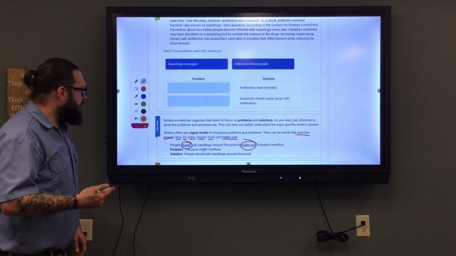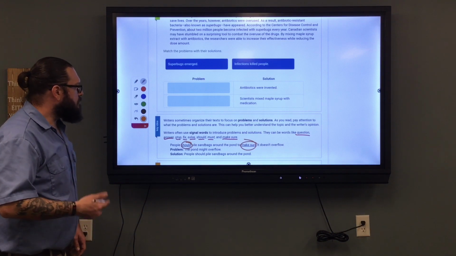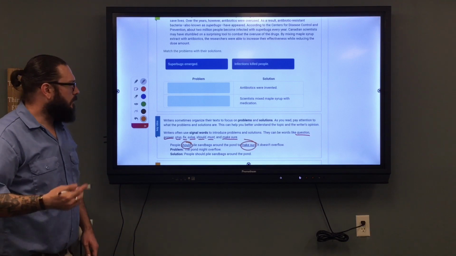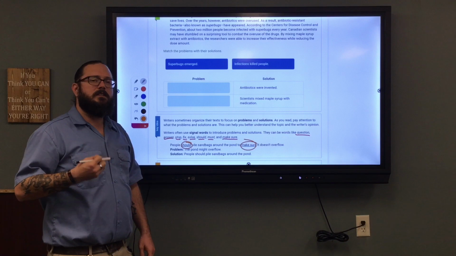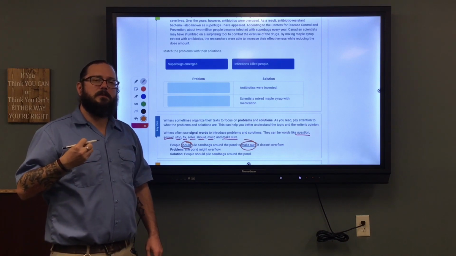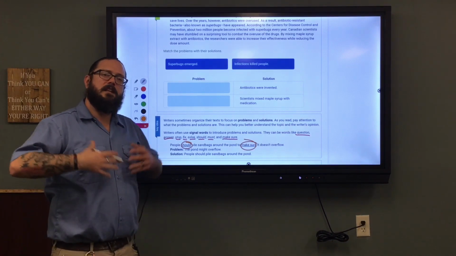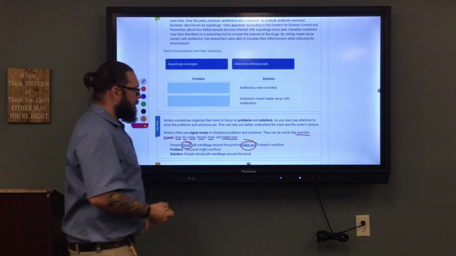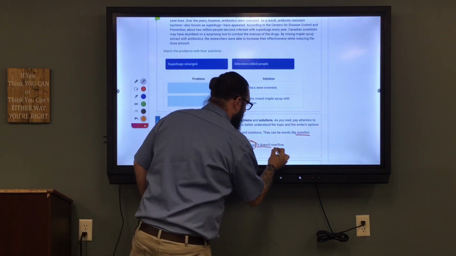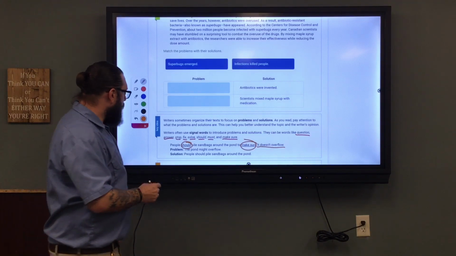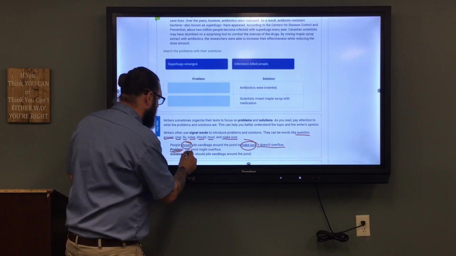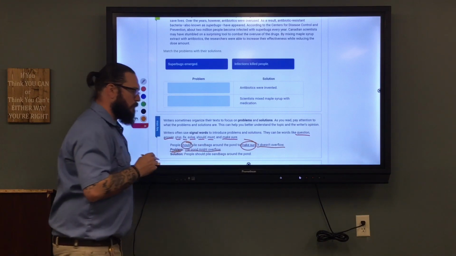People should pile sandbags around the pond to make sure it doesn't overflow. Okay, so that make sure is the signal word that's letting us know that the author is describing the problem. Well, what do they need to make sure of? Well, that the pond doesn't overflow. So our problem is that the pond might overflow.